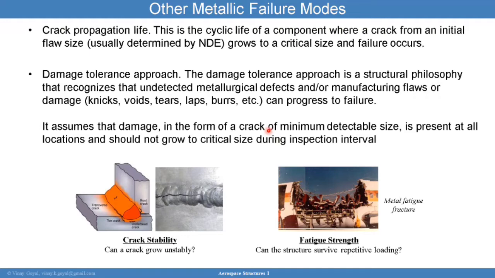It's a structural philosophy that recognizes that you're going to have undetected metallurgical defects or manufacturing flaws or damage in the body of the structure, particularly at process-sensitive areas such as welds and castings, and you could even have crack initiation points starting from tears, nicks, laps, burrs. Those can progress to a failure at some point.